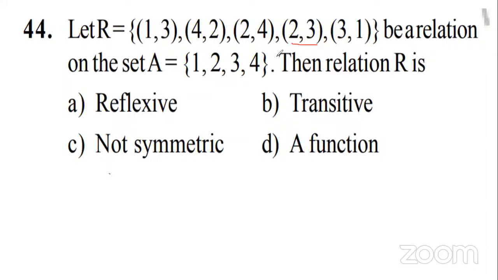Next, R is not transitive, because (1,3) belongs to R and (3,1) also belongs to R, but (1,1) does not belong to R. So it is not transitive also. So option C is the correct answer, that is, not symmetric.